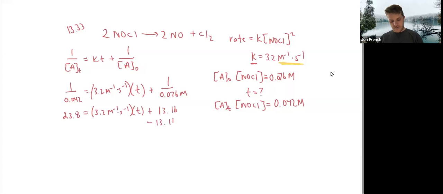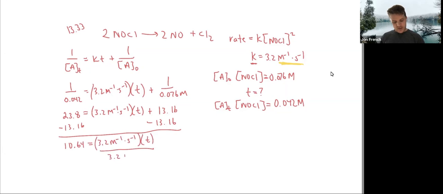So subtract 13.16 from both sides. Let's see, 23.8 minus 13.16, so 10.64 equals 3.2 t. We're going to divide both sides by that 3.2.